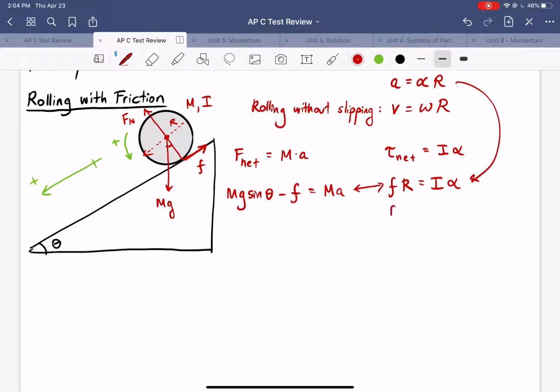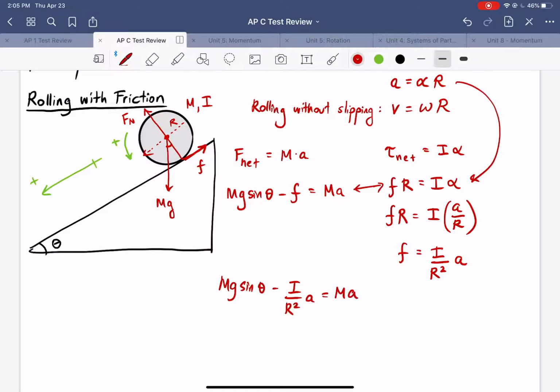All right, so I'll start with this one. I can say Fr equals I times a divided by R, or the friction force equals I over R squared times a. If I plug that into the other equation, I get mg sine theta minus I over R squared a is equal to ma.